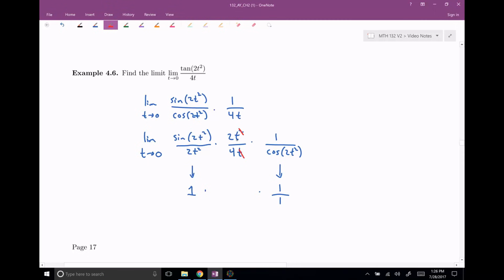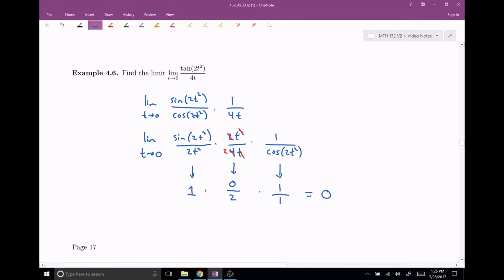I have 2 t's on top and 1 t on bottom. And then I have a 2 up here and a 4 down here. And so as t goes to 0 here, notice I have 1 t in the numerator left. So this is going to be going to 0 over 2. Well, 0 over 2, that's just 0. So when I multiply all these things together, 1 times 0 times 1, I'm going to get out 0.